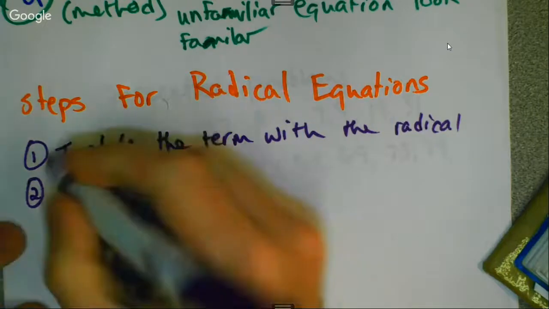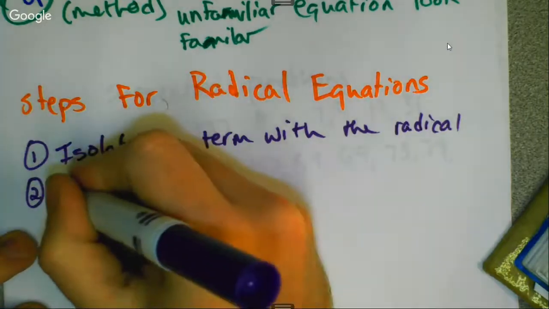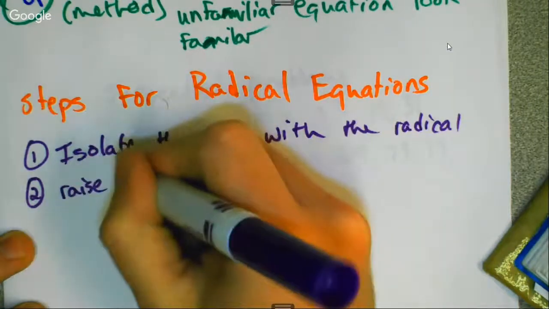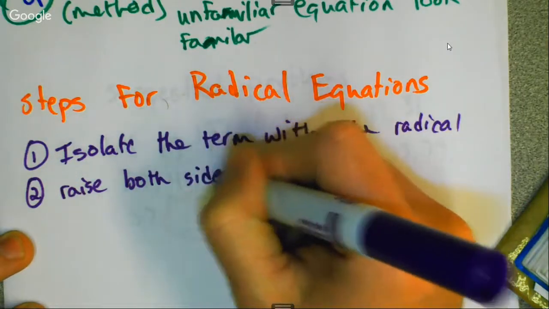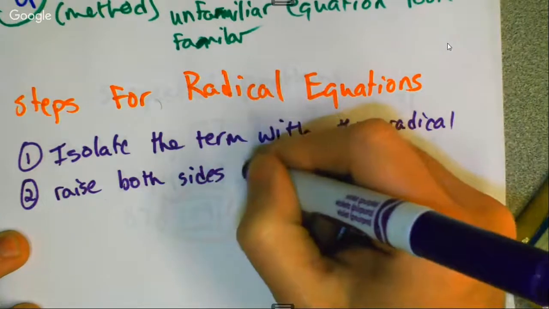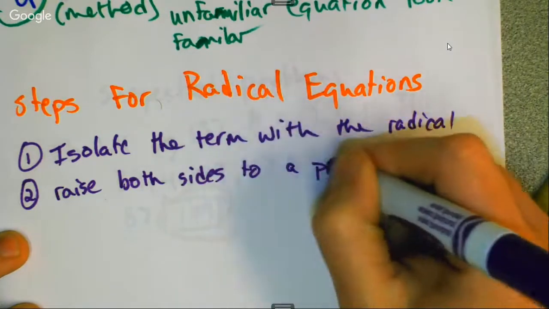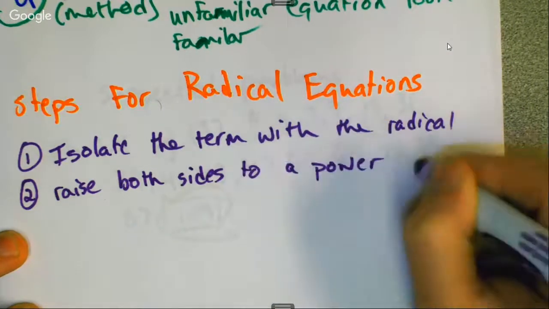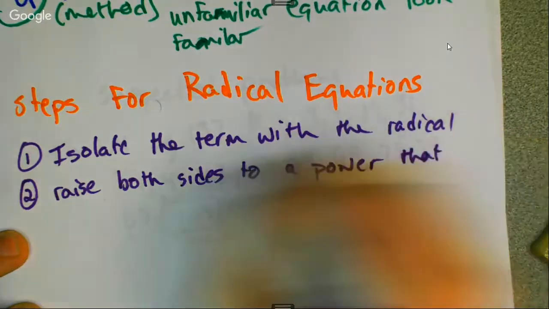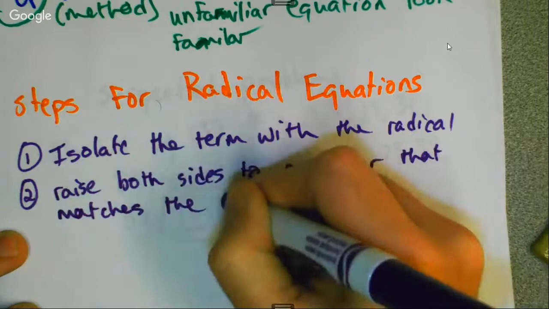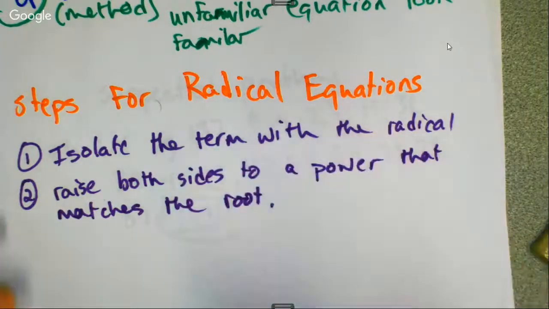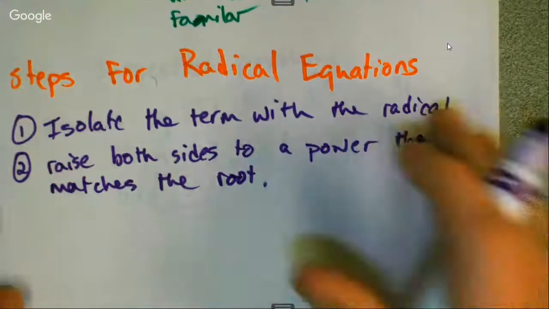Step 2 is we will square or raise both sides to a power that matches the root. So if it's a third root, we're going to use the third power; square root, square.